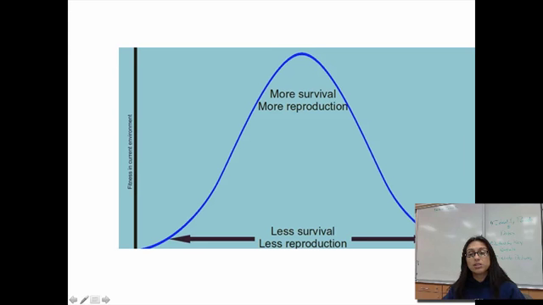When you go towards the extremes, the reason why you find less and less as you move away from this ideal version of the trait is because that's not the ideal trait. That's not the great trait, the good trait to have to survive in the environment. So as you move away from that trait, you find less and less individuals because these extremes out here are not quite the right traits to survive. Okay? So you find very few individuals that actually show those extremes.